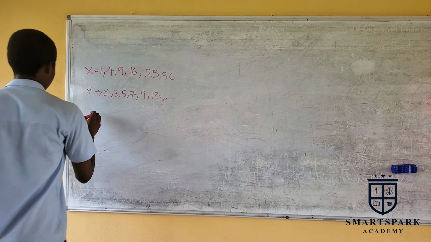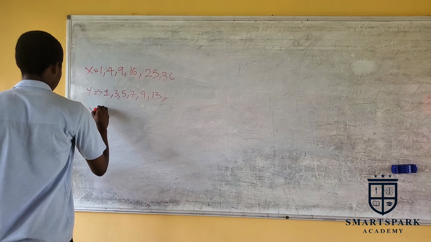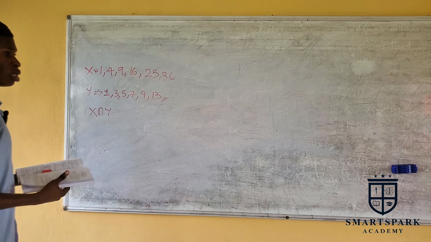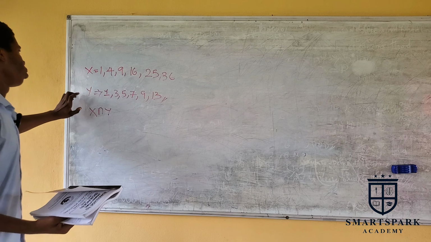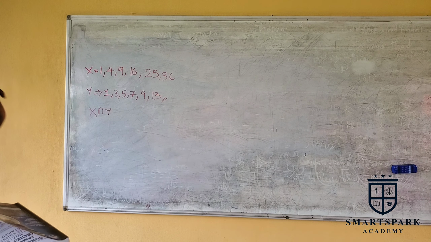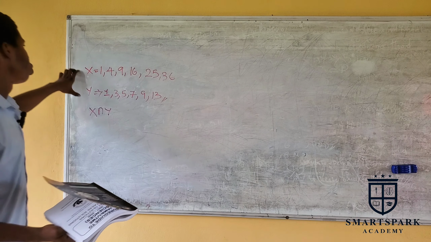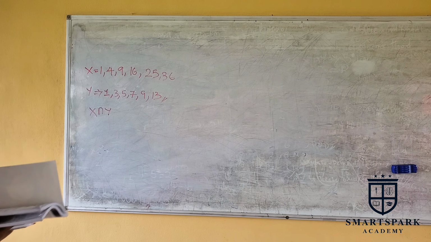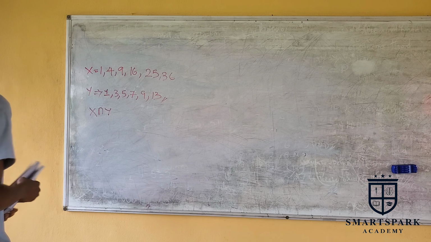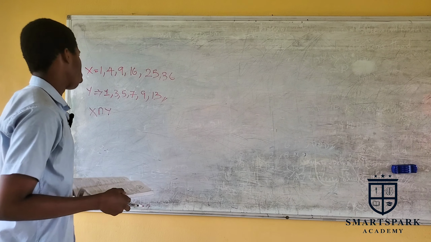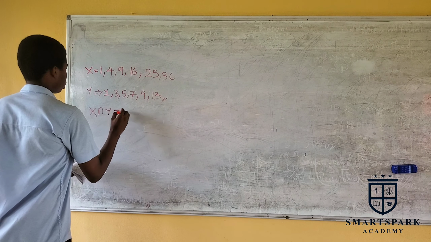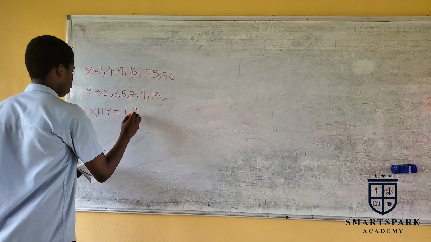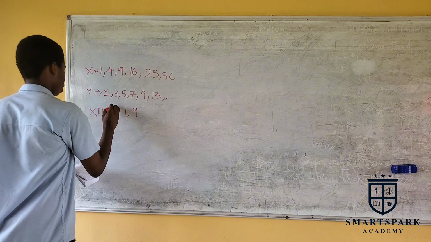Now we are asked to find x intersection y, which is the numbers common to this set and also common to this set. If we look at these two sets, the common terms are 1 and 9. So this is x intersection y.